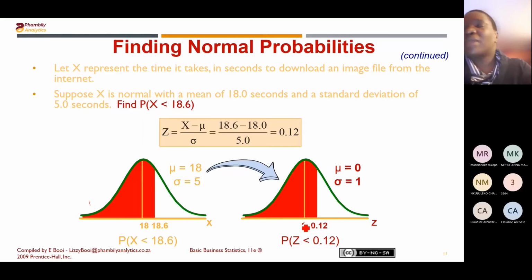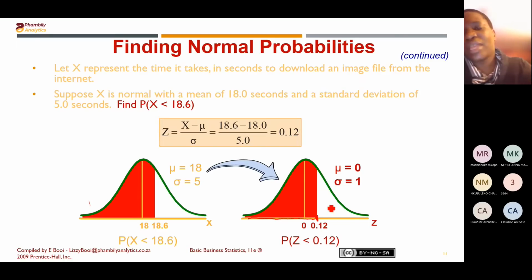Remember, your standard normal distribution always has a mean of 0 and a standard deviation of 1. So taking that into consideration, we have calculated the Z value, which is the Z-score, and we are looking at this portion.